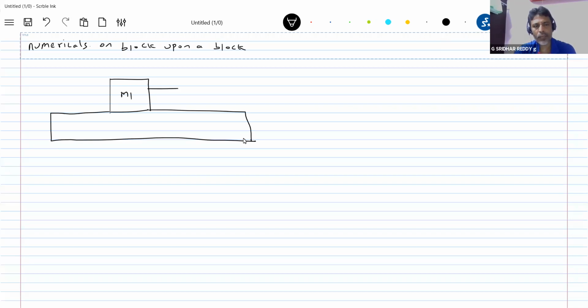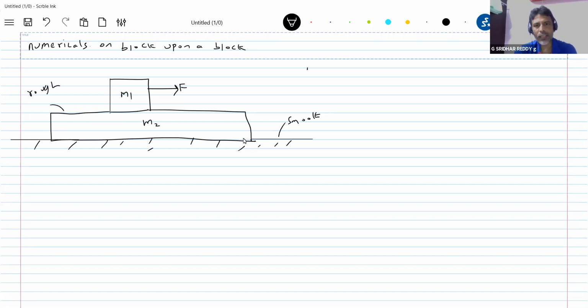I'll apply force on the upper block. As usual, the surface is smooth. Later problems will make the surface rough too. Okay, let this be smooth, and this is rough.